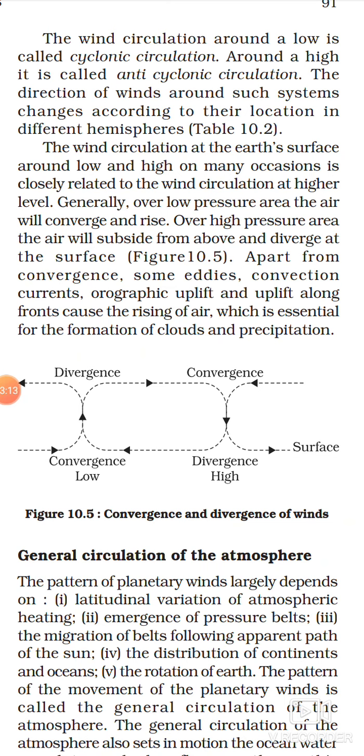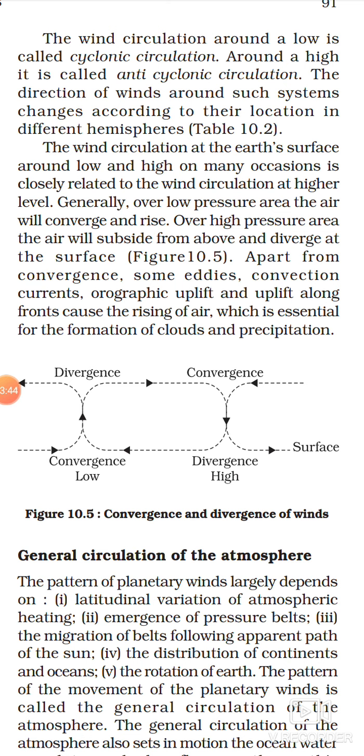So the wind circulation around the low pressure belts is called cyclonic circulation, or simply the cyclones, and vice versa around the high pressure belts we have the anticyclonic circulation or the anticyclones. And the directions of wind around such systems change according to the location in the different hemispheres.